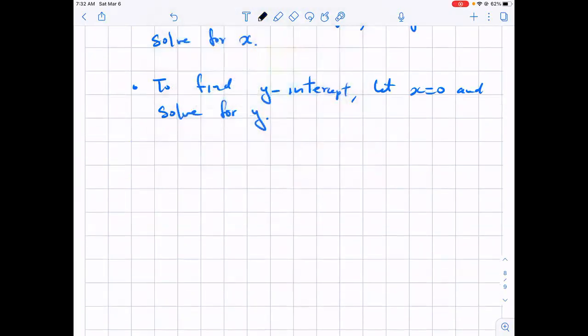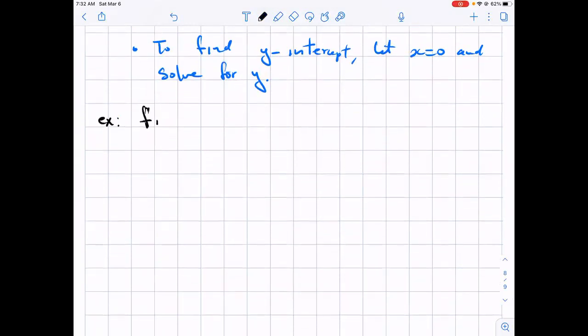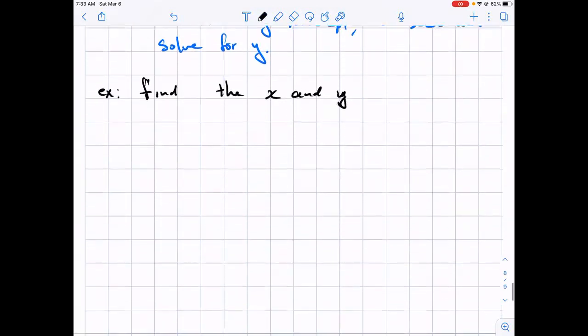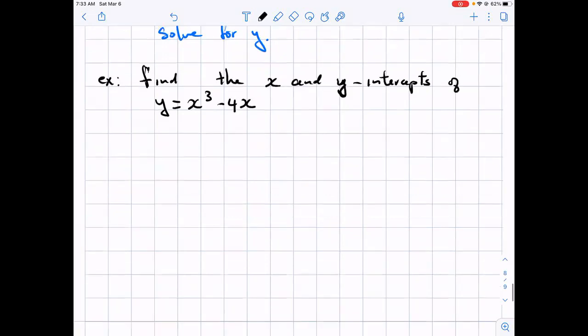So, example: find the x and y intercepts of the graph of, let's say, y equals x cubed minus 4x. Now you have to tell me which one you will find first, okay?